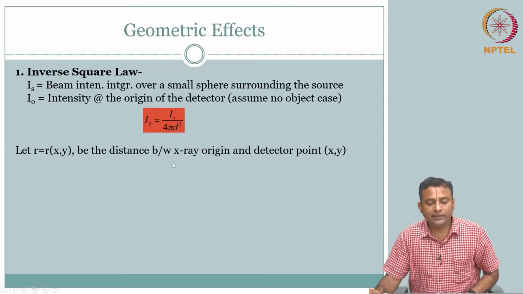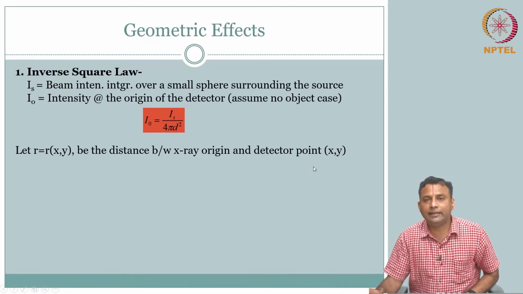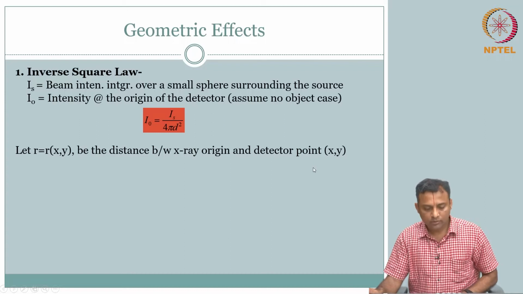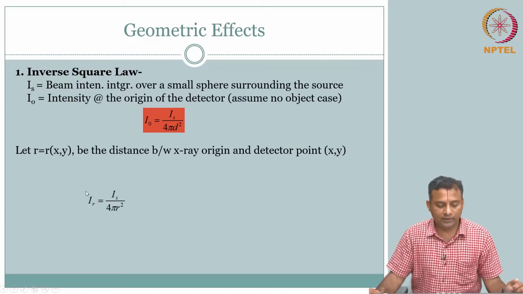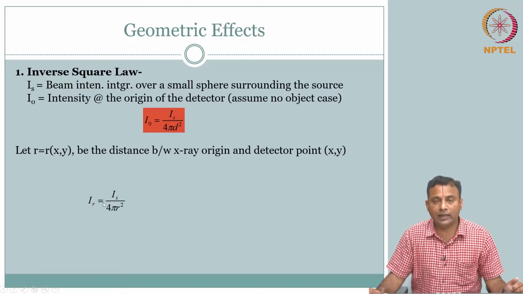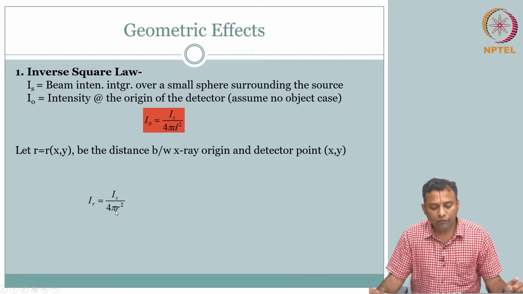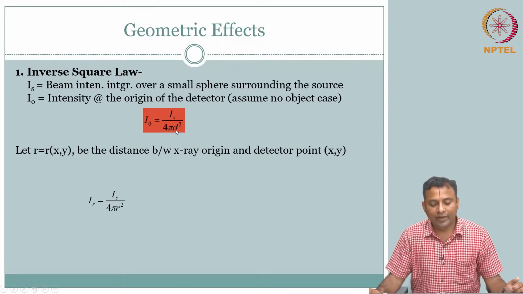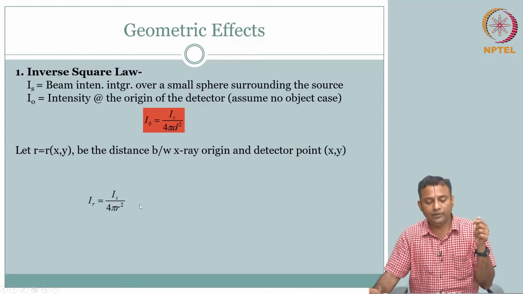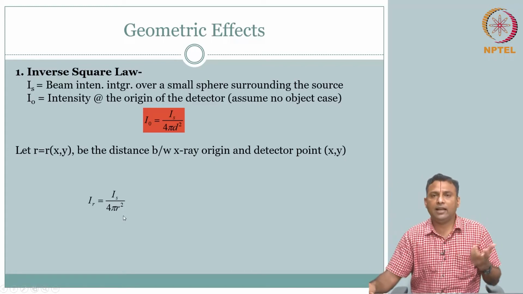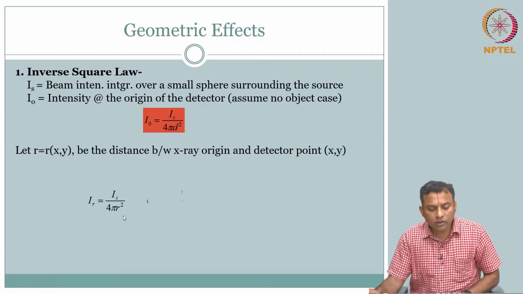Let that be the distance between the X-ray origin and the detector point x comma y. You can clearly write IR, the intensity at R, as Is by 4 pi R square. When it is the perpendicular distance to the center, that was defined as D, and therefore it is D square. If it is R, it is R square. So this you can actually calculate.